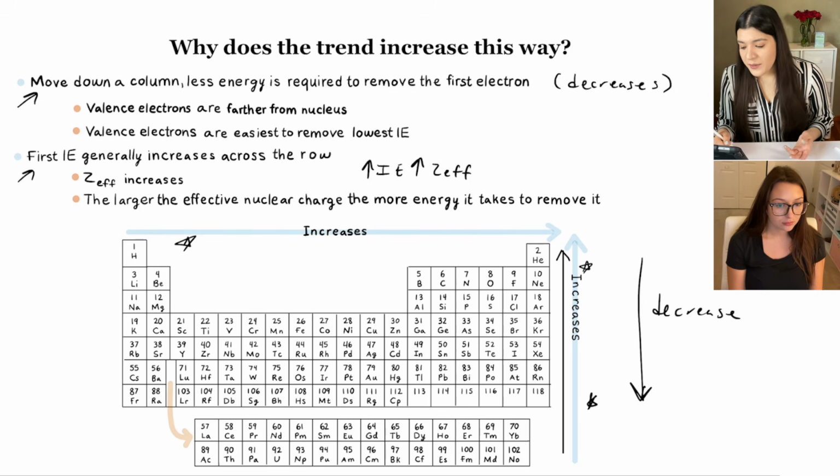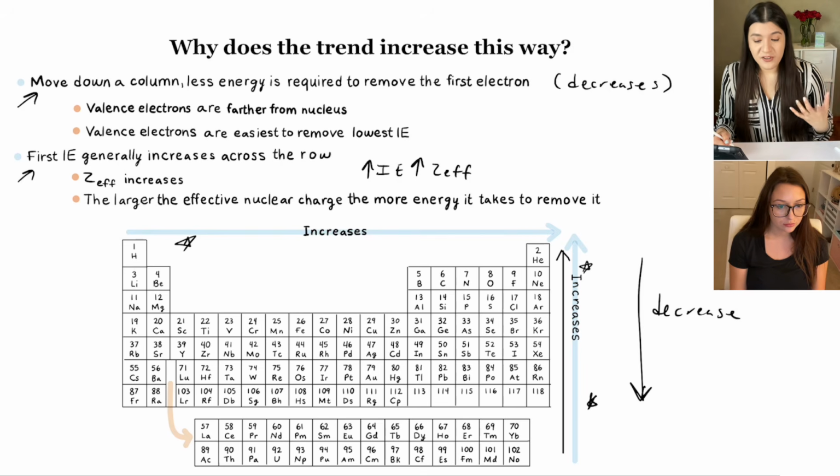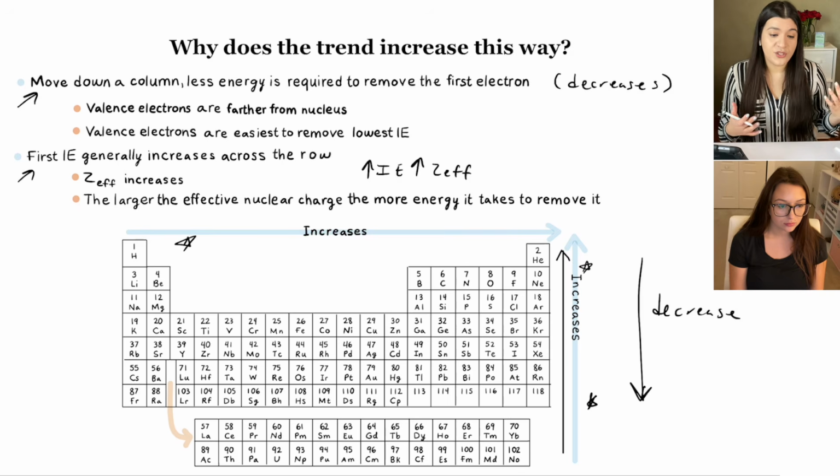The larger the Z effective, the more energy it's going to take to remove an electron. And the reason for this is because Z effective is just talking about the attraction of that electron to the nucleus. If it's so attracted to it and they don't want to split, it's going to take a lot more energy to remove it. So that's why those go hand in hand. Right. Okay, that makes sense.